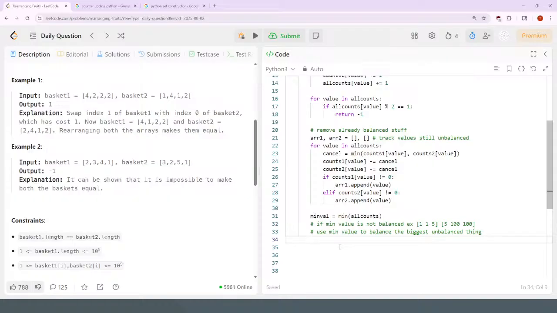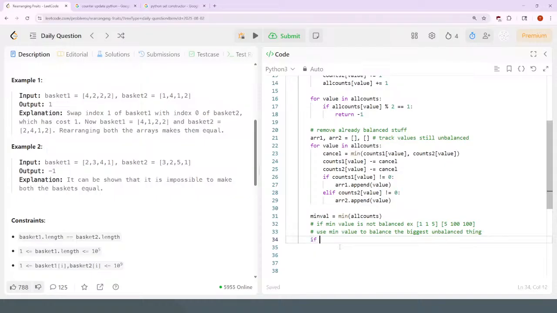Remove 1 of it. So I need to find which side the min value is at.